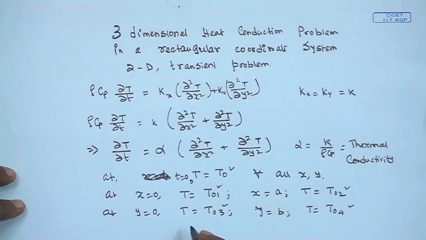What we decided earlier is that we can reduce the number of non-homogeneities by defining a non-dimensional dependent variable, which is temperature in this case. We can define a non-dimensional temperature such that theta is equal to T minus T01 by T01.